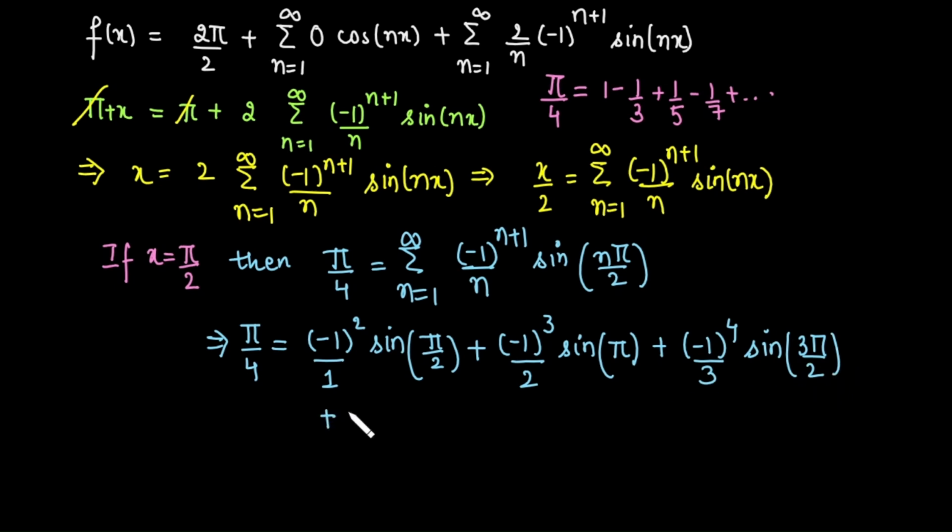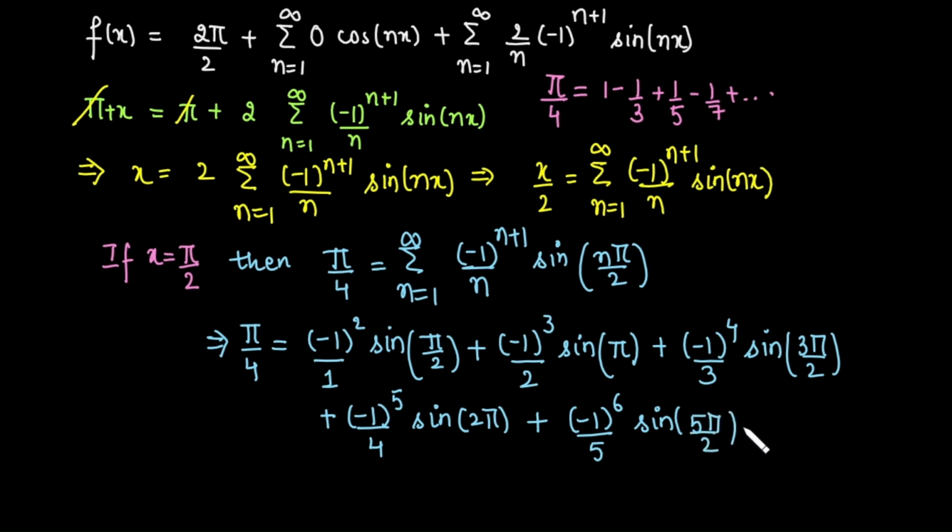plus, next term is minus 1 raised to power 5 by 4 sine, when we put n is equal to 4 we have 2 pi, plus minus 1 raised to power 6 by 5 sine of 5 pi by 2, and so on.